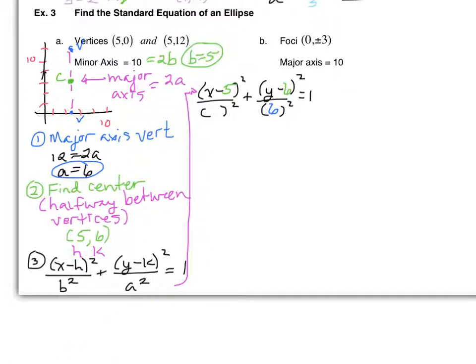And then I know that my b is 5. So then just do the math. So we have x minus 5 squared over 25 plus y minus 6 squared over 36 equals 1. And that is the equation we're looking for.